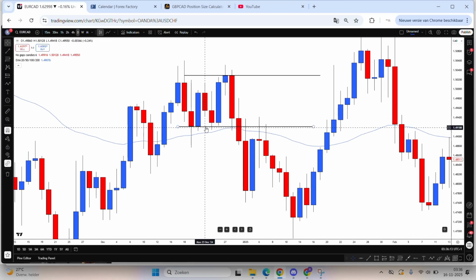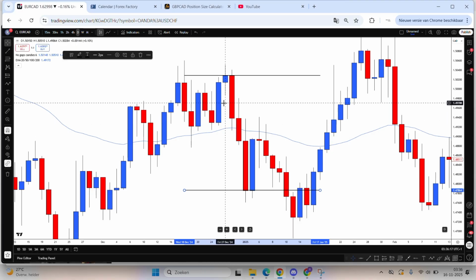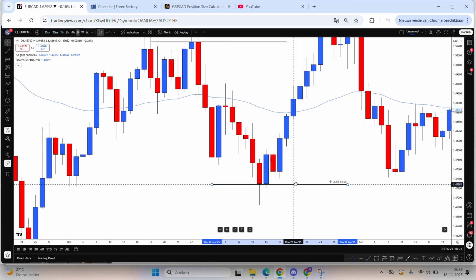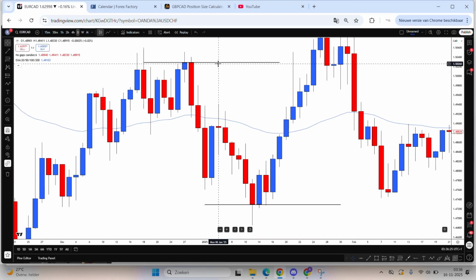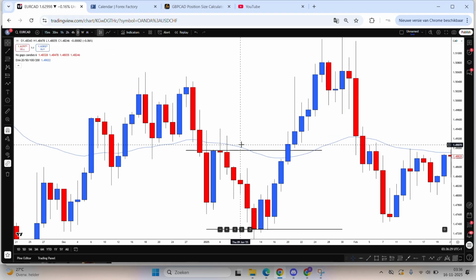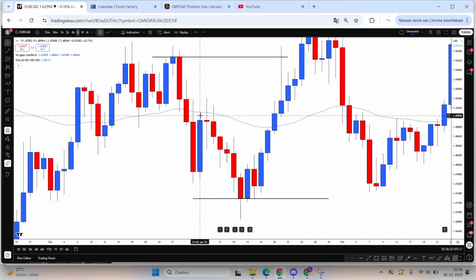Now we broke under, that makes this the lower low because we broke this structure that makes it bearish, and this the lower high right there. We broke under again, so this is the lower low right now, and this right here should be the lower high, but if you want it really safe, this stays the lower high because this is one candlestick.